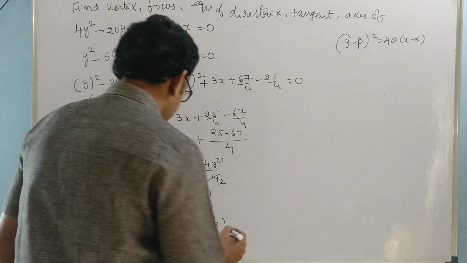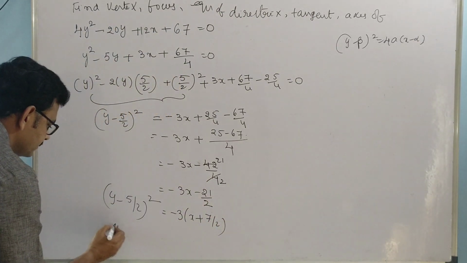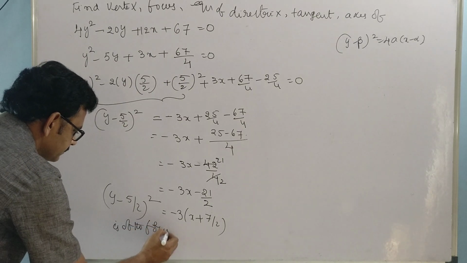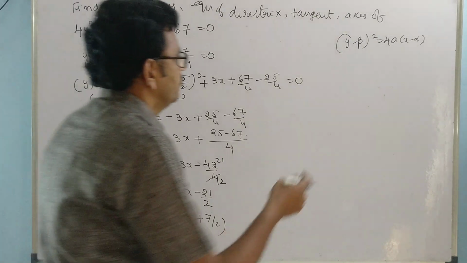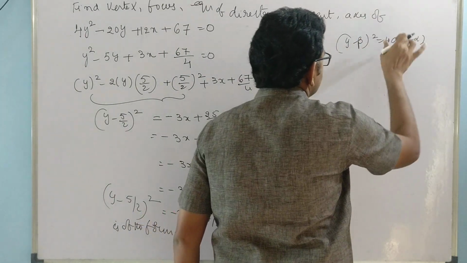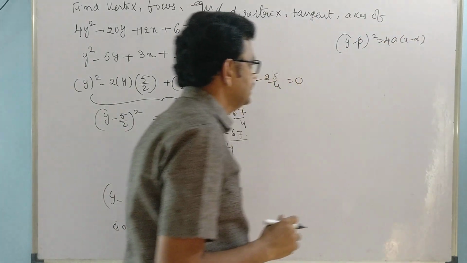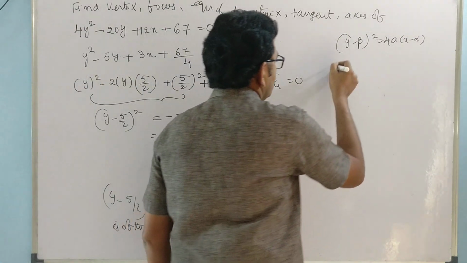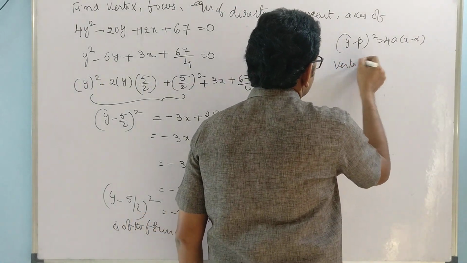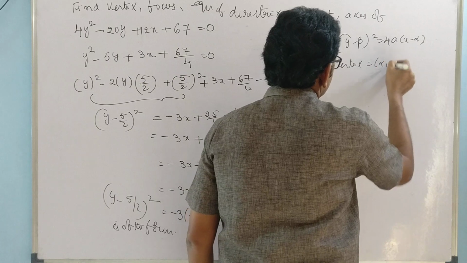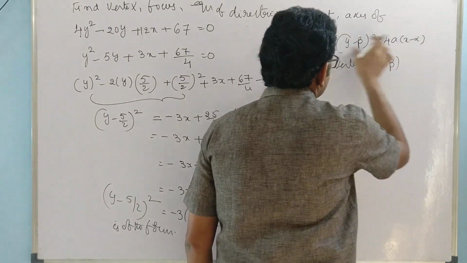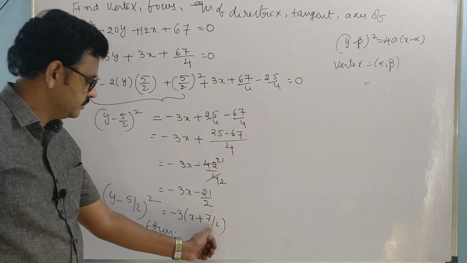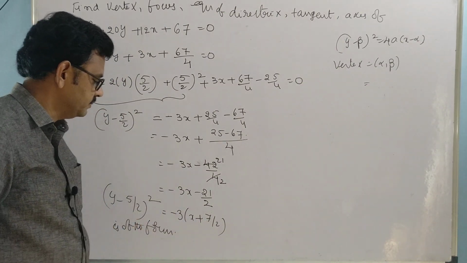Now it is of the form (y minus beta) whole square equal to 4a into (x minus alpha). Now what is the vertex of the parabola? Alpha comma beta. For this, vertex is alpha, beta. What is alpha? Minus 7 by 2 comma 5 by 2.